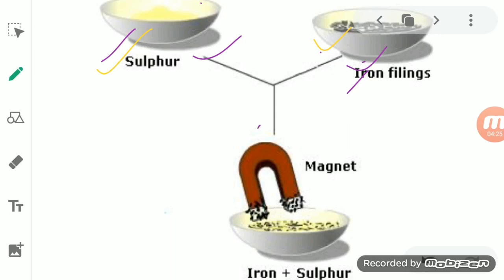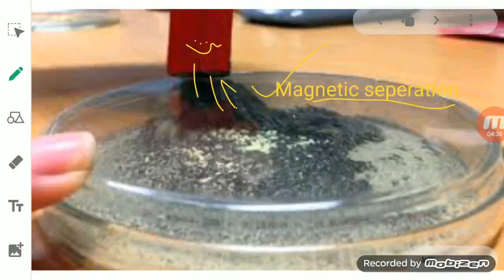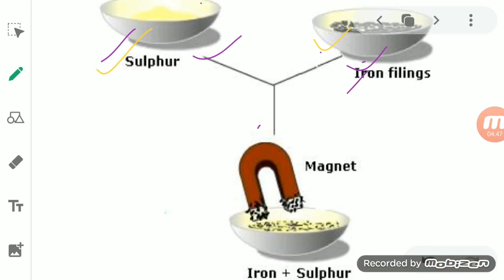we take this horseshoe magnet and move it over the surface of the mixture. The iron filings get attracted to the magnet and cling to its pole, due to which we can separate the iron filings from the sulfur.